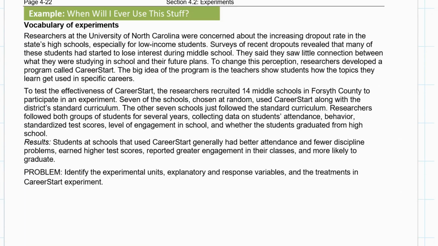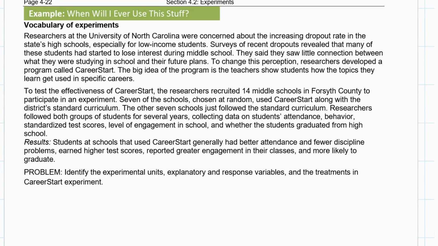To test the effectiveness of Career Start, researchers recruited 14 middle schools in Forsyth County to participate in the experiment. 7 of the schools chosen at random used Career Start along with the district standard curriculum. The other 7 schools just followed the standard curriculum.